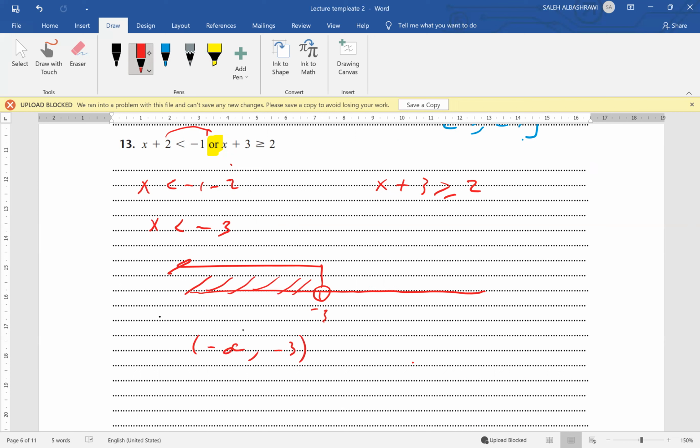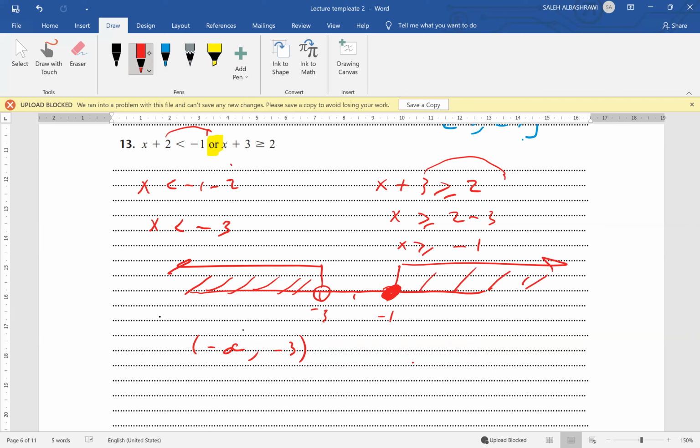Now the second one, x plus 3 greater than or equal to 2, move this 3 to the other side. I will have x greater than or equal to 2 minus 3. Then x will be greater than or equal to minus 1. This is minus 3, minus 2, minus 1. Minus 1 is a closed interval, and greater than means go to the right.